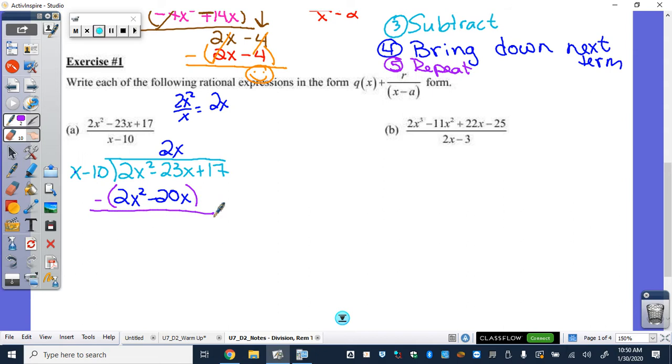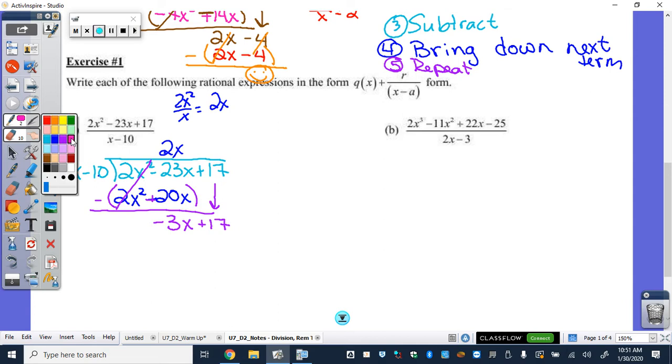So then we'll subtract our 2x squareds. Cancel out and become a 0. My 20 is going to turn positive, so when I combine that with my negative 23x, I get a negative 3x. Bring down our 17, so we have negative 3x plus 17.